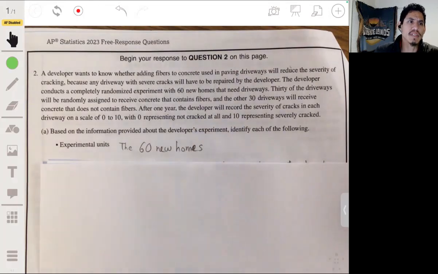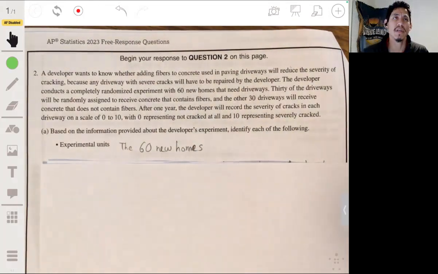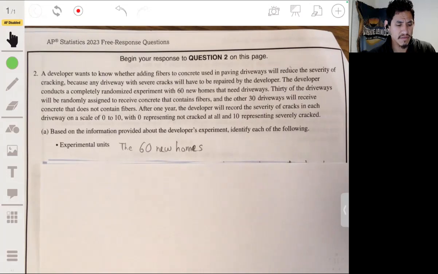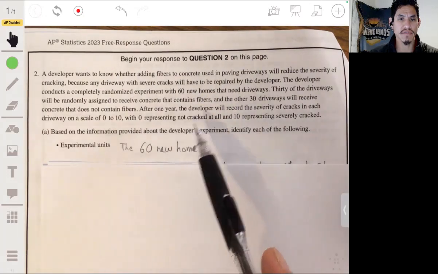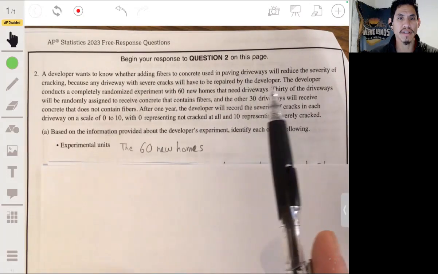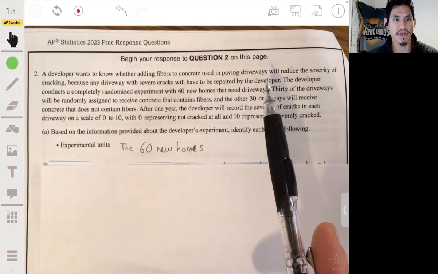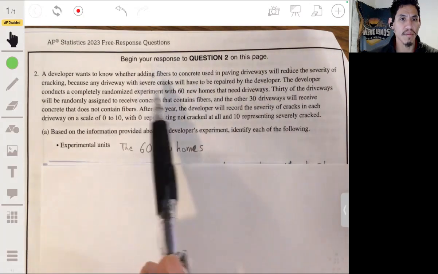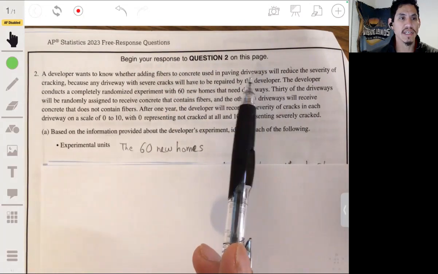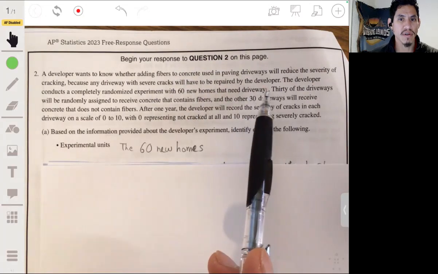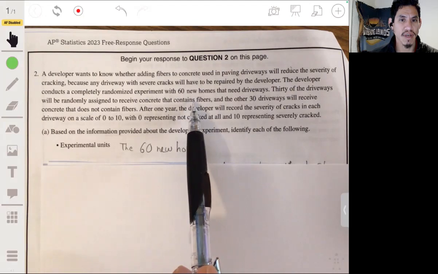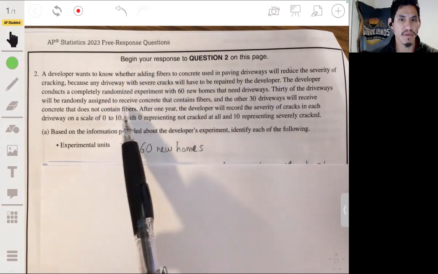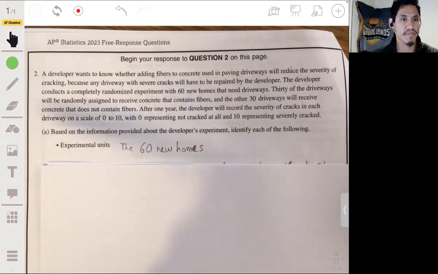Let me try to explain why, in an easy to understand manner. There's one key thing. It can't be the 60 driveways first off, because there aren't any driveways to begin with. They're going to create 60 driveways with 30 of them with this concrete that has fibers and the other 30 not containing fibers.